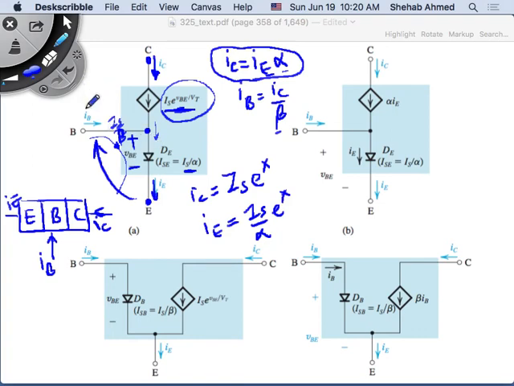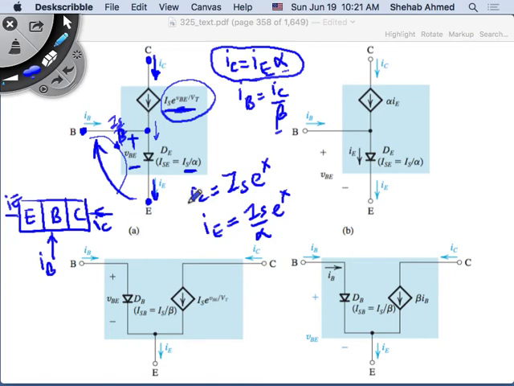Common base means the input is on the base and emitter, and the output is on the collector, so the base is a common terminal between the input and output. We'll find later that common base configuration means the base will be grounded. Common emitter configuration will mean the emitter will be grounded.